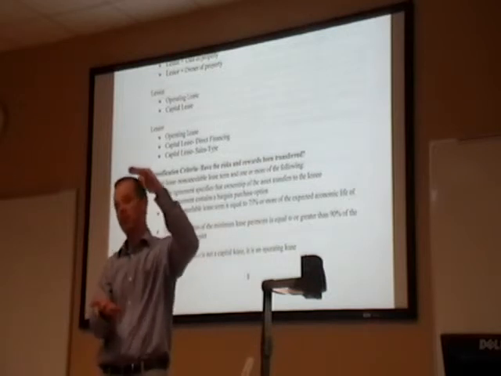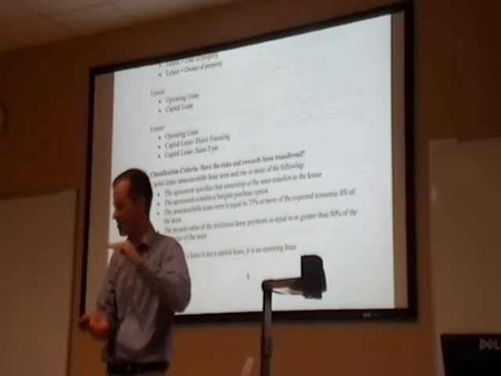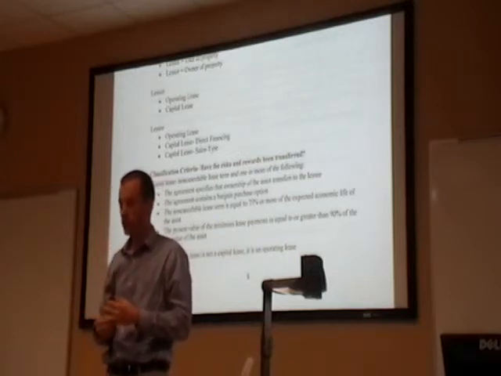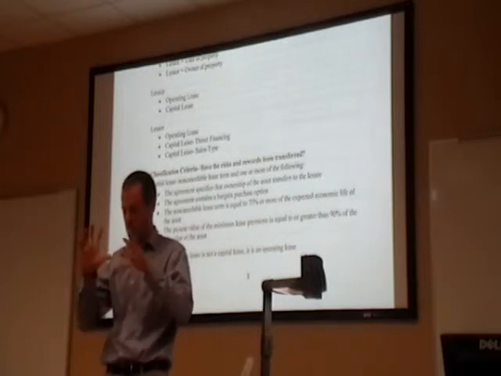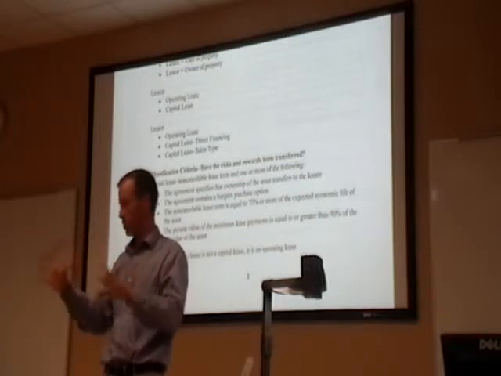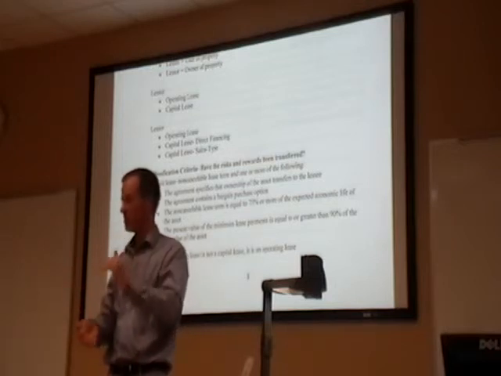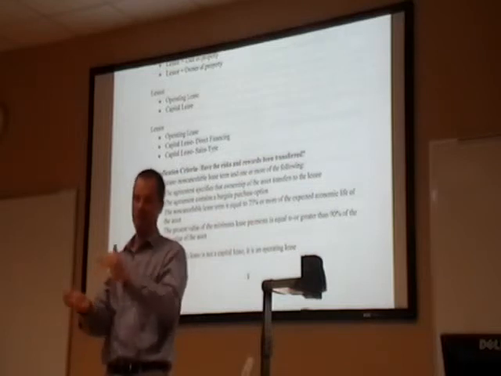If it's greater than $900,000, it must be a capital lease. If it's less, it can be an operating lease. So quite literally, firms will create their lease agreements such that the present value of the minimum lease payments is 89.9%. And I'm not kidding, that's exactly what happens.